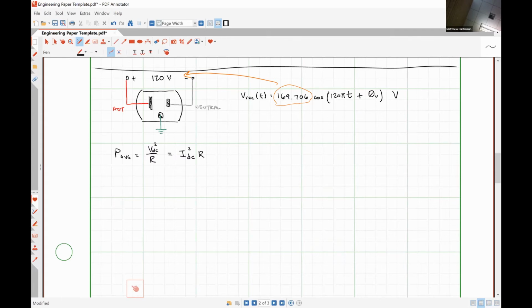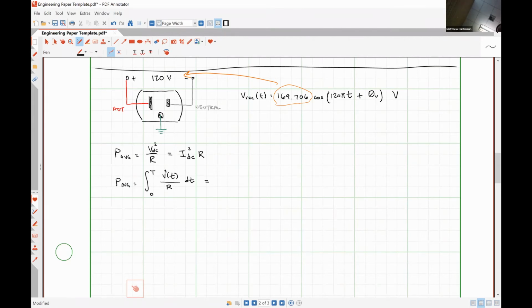For an AC circuit, we know that the average power absorbed by an arbitrary resistor should be the integral over one period, so let's call this from 0 to T, of the instantaneous voltage waveform squared divided by the resistor value, integrated with respect to time.